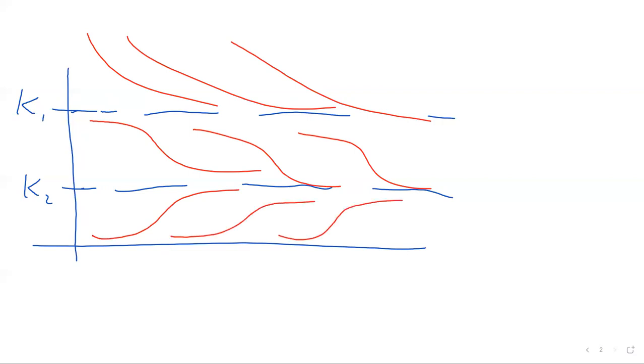So up here, K1, since some things come in, some things go out, is called semi-stable. K2, since everything is flowing in, that would be our asymptotically stable. And then down here at 0, since everything is just flowing away from it and it's only one thing that's going to stay there, that is our unstable equilibrium.